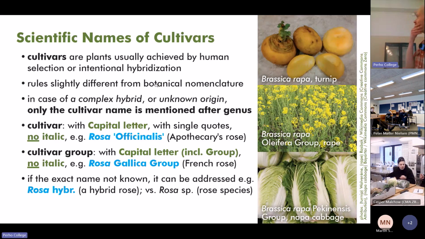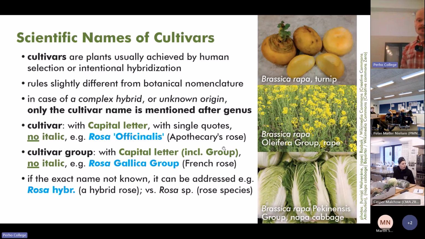So the rules of the names of cultivars are slightly different from botanical nomenclature, but they do have their own nomenclature. If we're talking about a very complex hybrid, or we don't know the origin where the cultivar comes from, then after the genus we mark only the name of the cultivar.